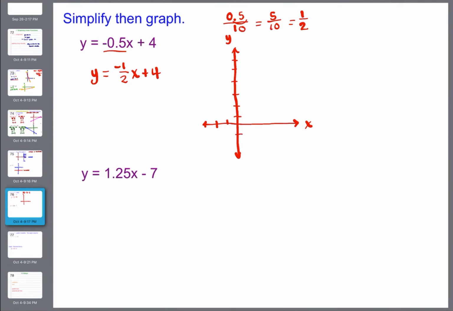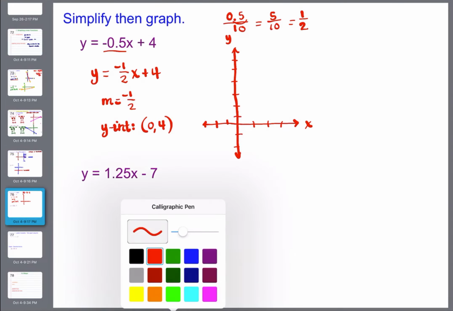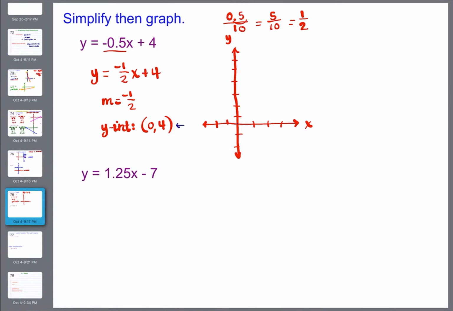When I look at my equation, I have a slope of -1/2, and then my y-intercept is going to be (0, 4). So I'm going to start off with this point. It's in parentheses, so that's why I start at the origin. I go over 0 and up 1, 2, 3, 4, and I put a point.